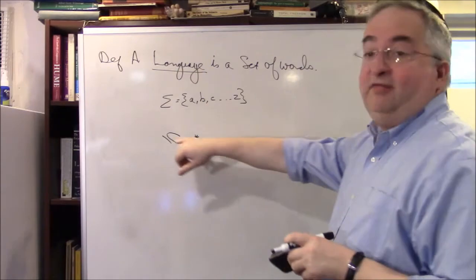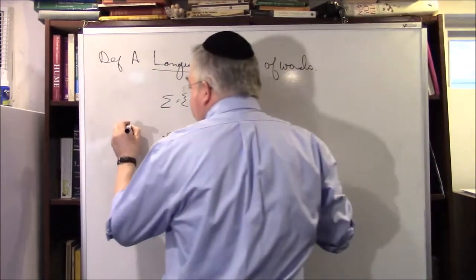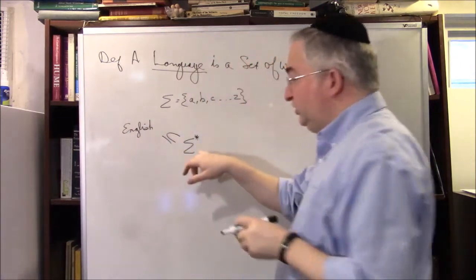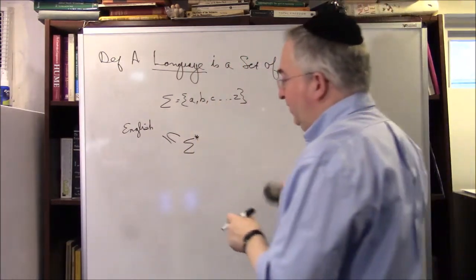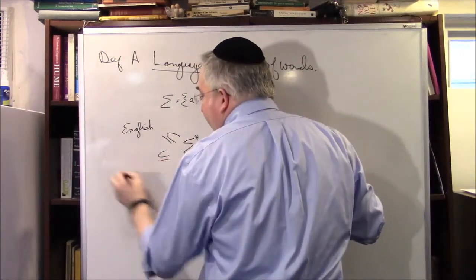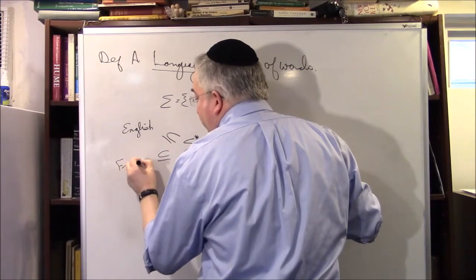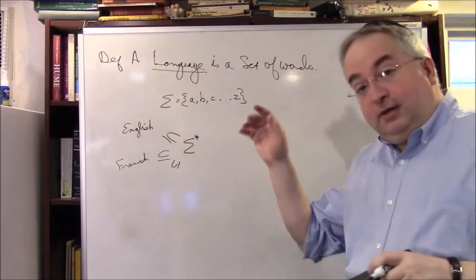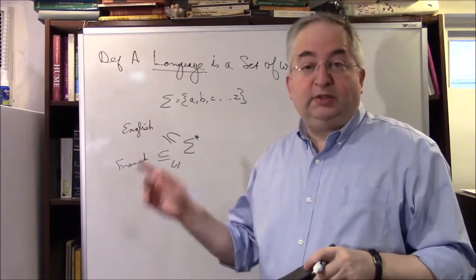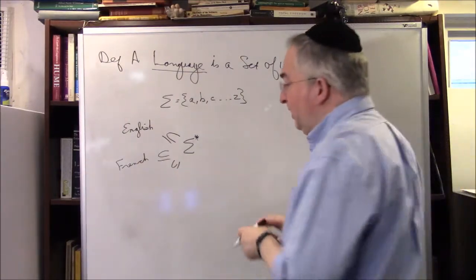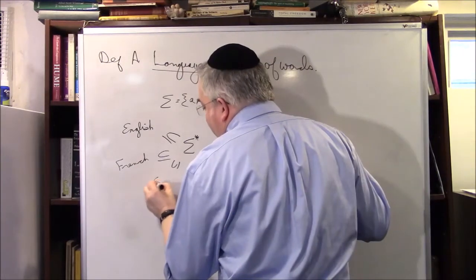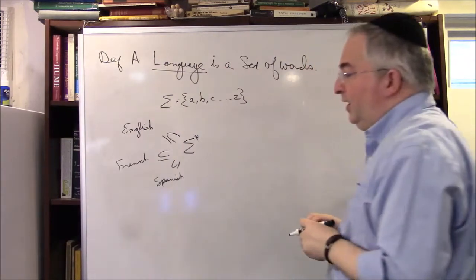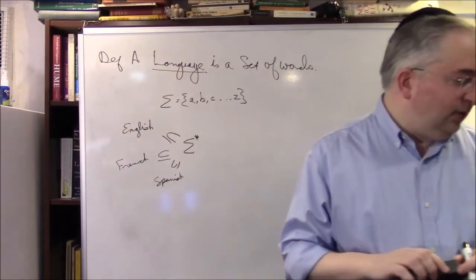It's a subset of words. So the classical example is English. English uses this alphabet and does it very nicely. Other things, French. French has a lot of symbols added to it, accents, but it's still basically this. Spanish also uses this, and a few others.